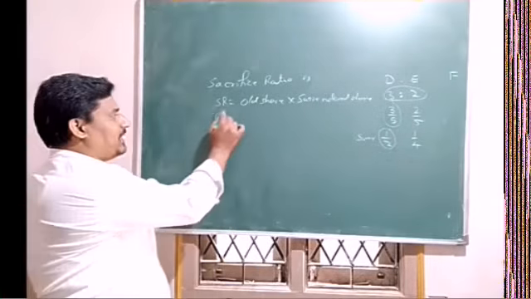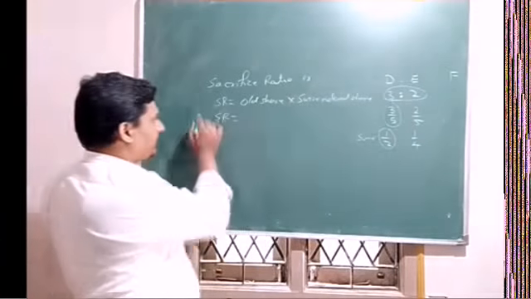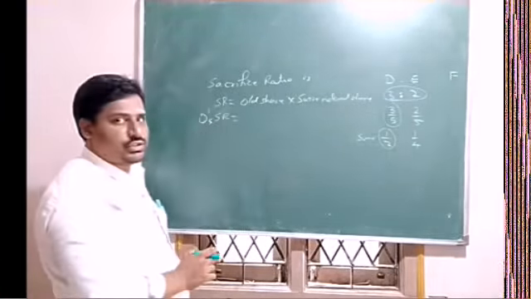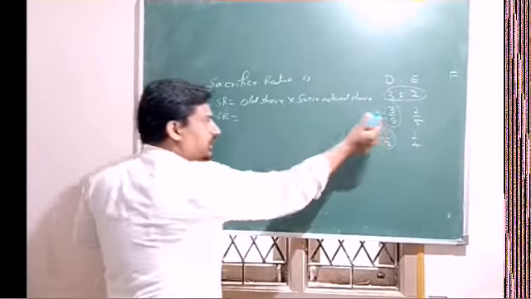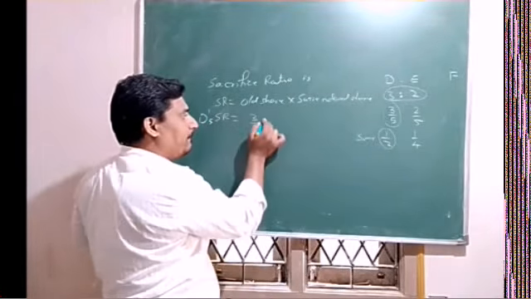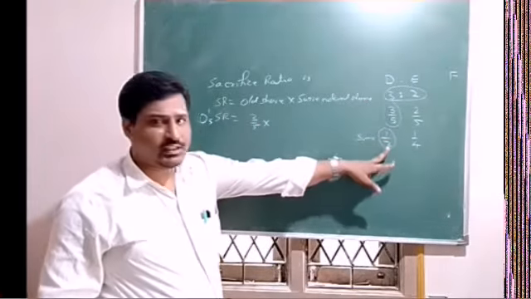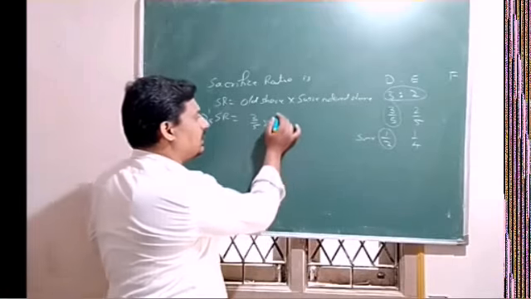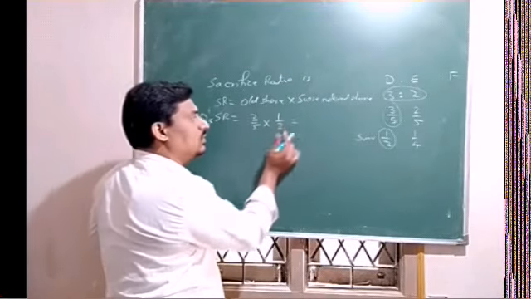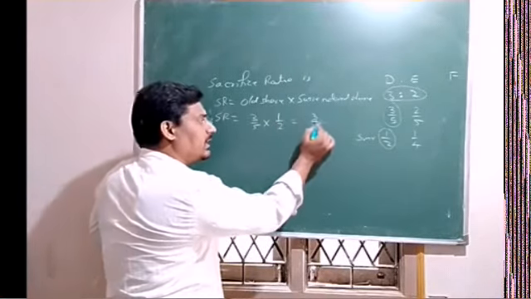So D's sacrifice ratio is equal to old share, 3 divided by 5, into, out of 3 by 5, how much is he sacrificing? 1 by 2. So he has surrendered 1 by 2. So 3 divided by 5 into 1 divided by 2 is equal to 3 divided by 10.